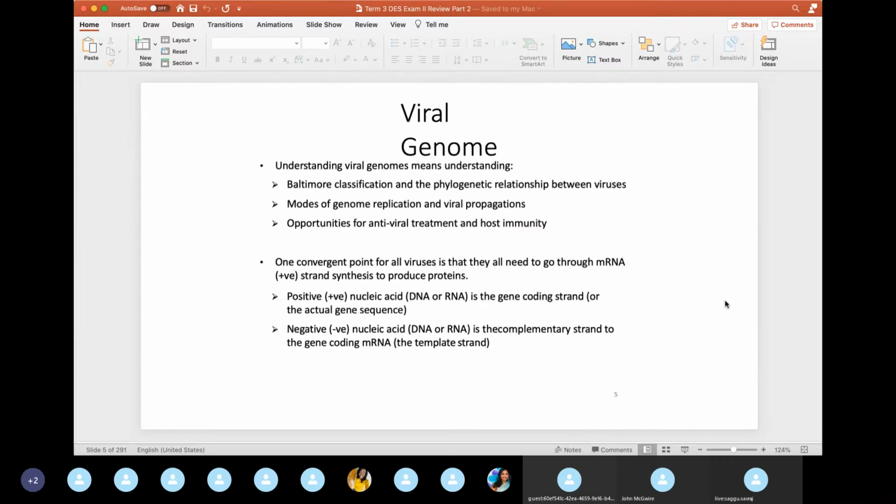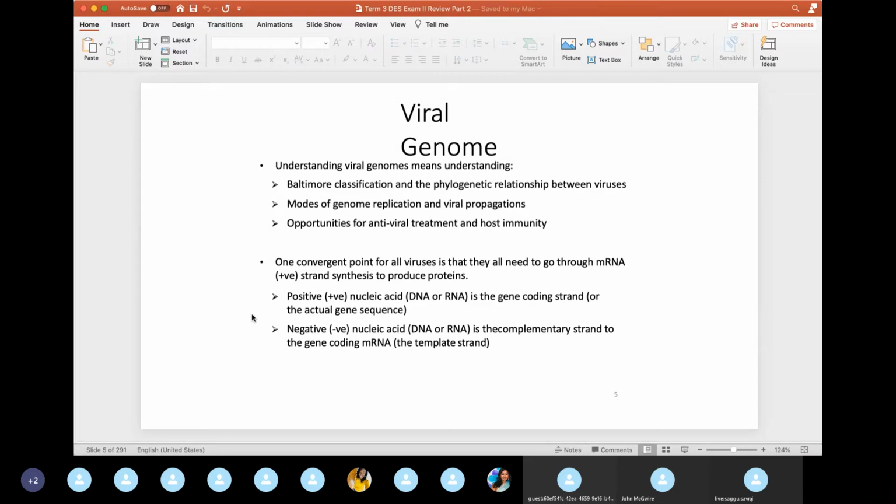In terms of viral genome, you need to know the Baltimore classification. That's high yield. What to highlight is positive nucleic acid and negative nucleic acid. Question: which one is the most dangerous, the positive or the negative, and why? Which do you think is much more infective, much more dangerous?